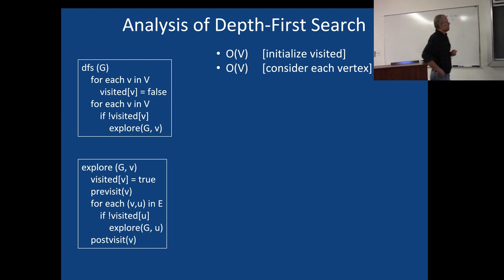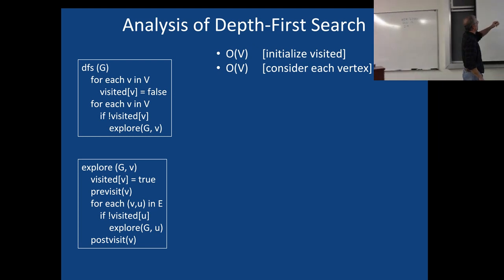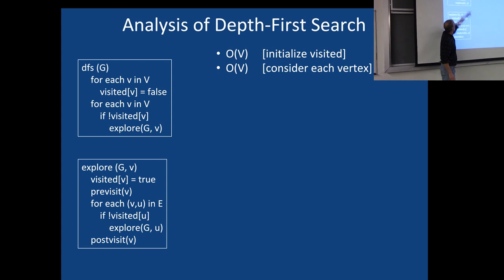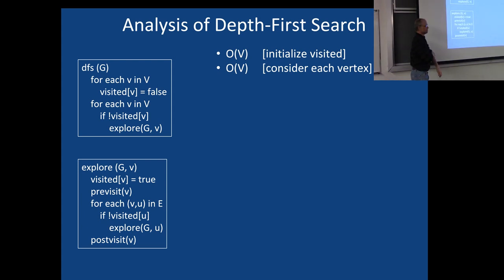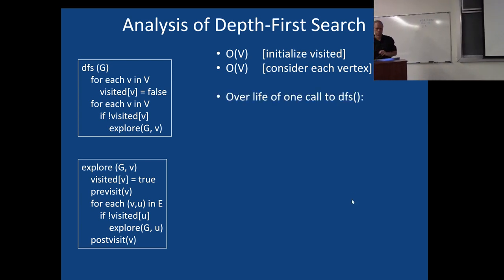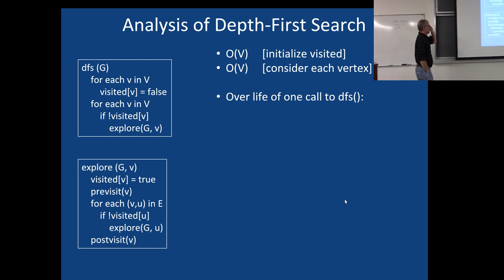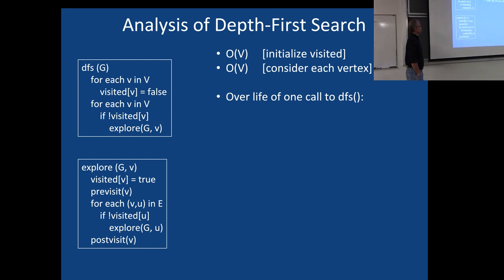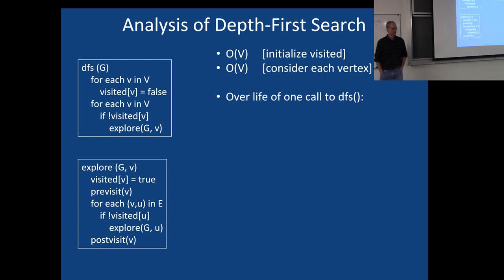Okay? Then we have to consider each vertex right there. And what I'm doing is instead of trying to analyze that entire loop, I'm just trying to break everything out. So you'll see what I'm up to in a minute. All right, now, over the life of one call to DFS, what happens?